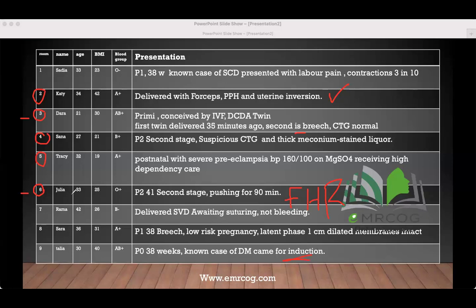If I said I will take the case with breech, low risk, before the case that delivered and is waiting for suturing, can this be possible? No, this will be a big problem. Unless you made a mistake like that, missing the urgent cases or the management of cases that need immediate management, you are safe.